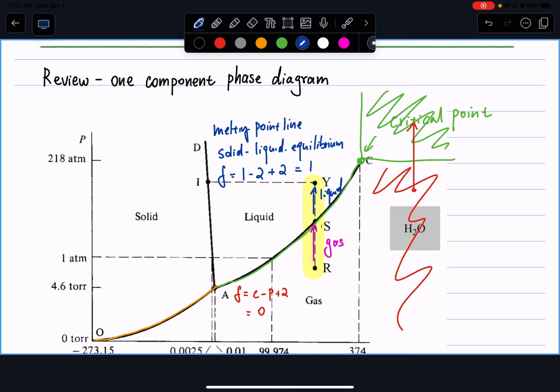Right, so we can write volume to be nRT over P dP.